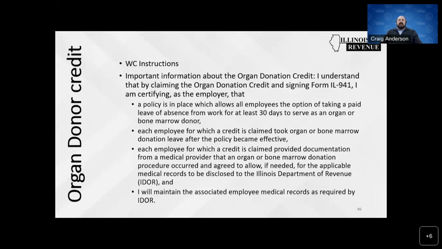There is a credit that would be issued for each employee that's taking that leave for a donation that has to be verifiable by documentation of organ and bone donor, or actually bone marrow donor. And all that information needs to be managed by the employer. On agreement of that, some sort of a credit would be issued on the WC.